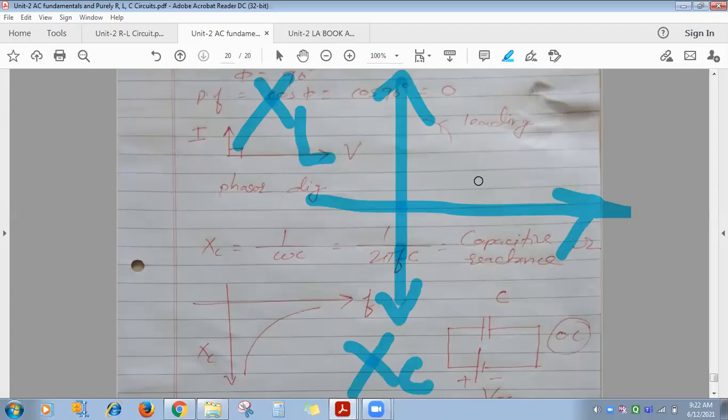Whenever we plotted the graph of XL versus frequency, which increases linearly, we plotted it in the first quadrant. And XC comes along the negative imaginary axis, so XC will come in the fourth quadrant.